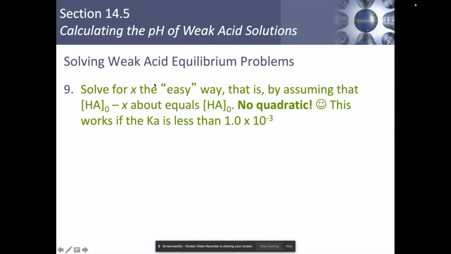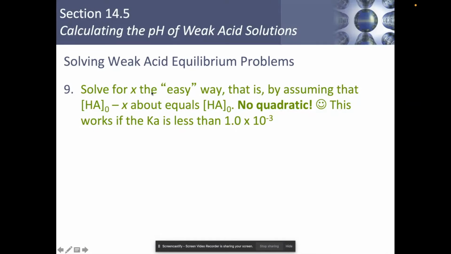Okay, now, this is where it gets a little bit easier than when we were dealing with equilibrium expressions in Unit 13. When we were looking at just K and not Ka, we had to do quadratic equation stuff. And everybody hates doing the quadratic equation. But here's our trick for weak acids and weak bases.